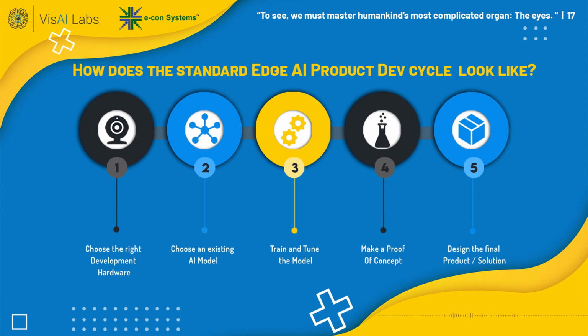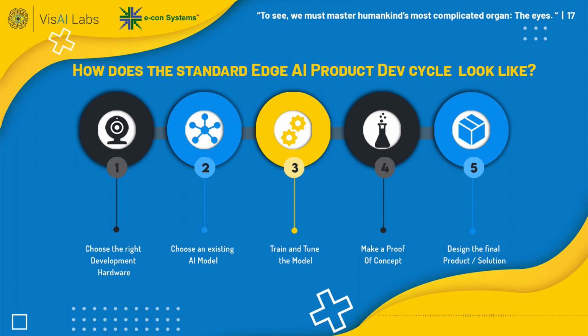Because in most AI cases, an existing model with fine tuning and training it with the right kind of data is the final solution for most of these applications. And once you have a proof of concept which works to your requirement and to your accuracy levels, then you could go ahead and design the final product or solution.